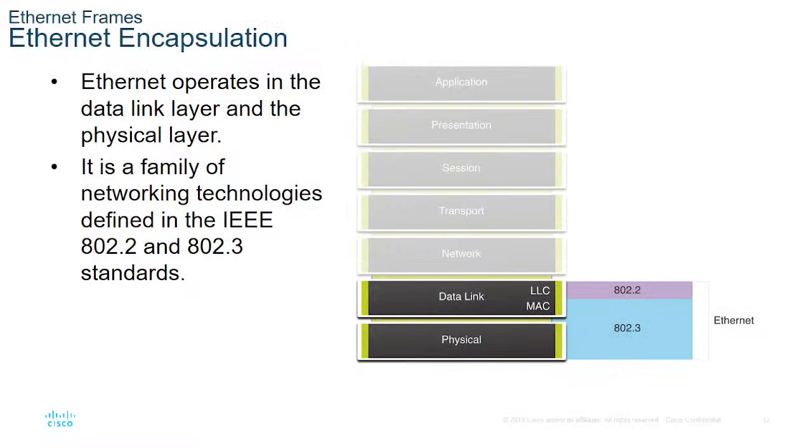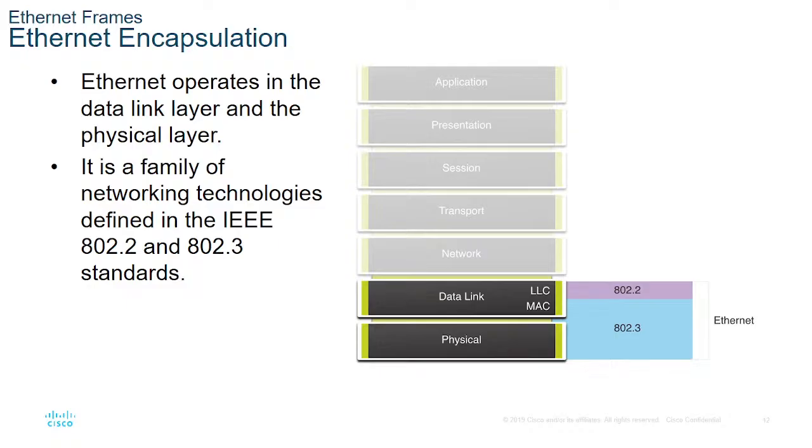So as explained earlier, Ethernet operates at the data link as well as the physical layer. It is in the family of networking technologies identified and defined in the IEEE 802.2 and 802.3 standards.